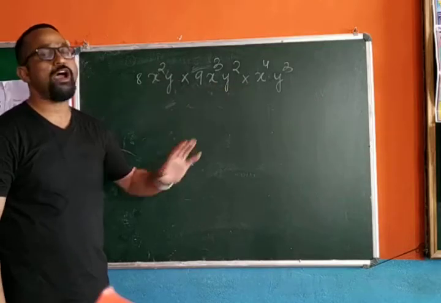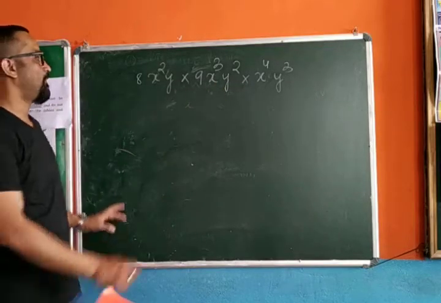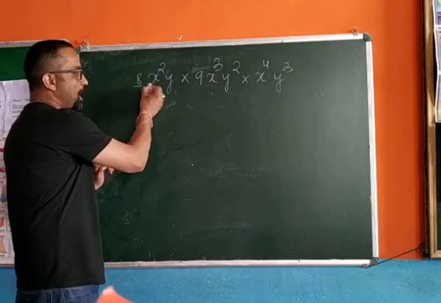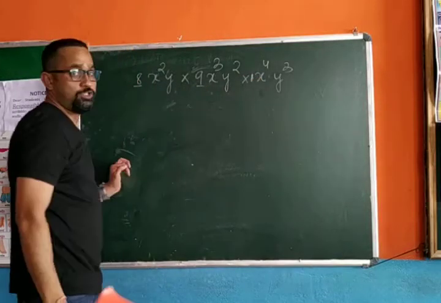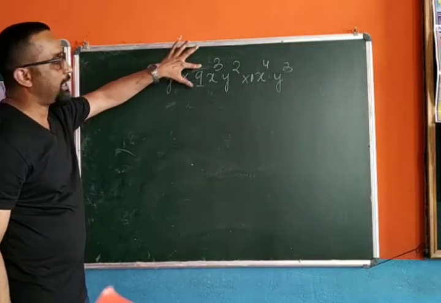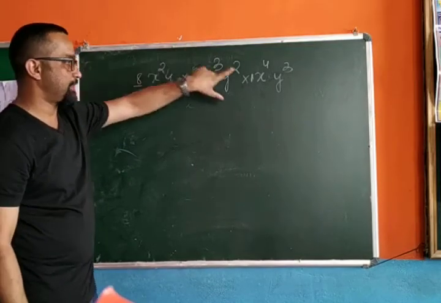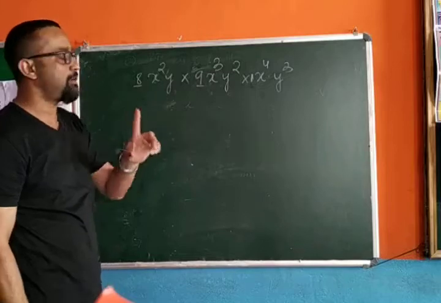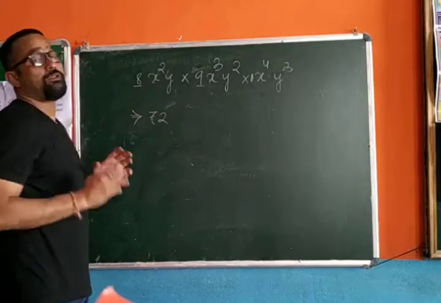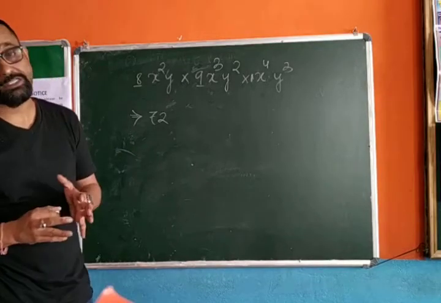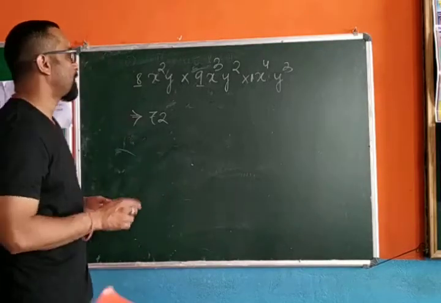In between you have multiplication. So you need to multiply the coefficients. First, 8 multiplied by 9 is 72. 72 multiplied by 1 is 72. You write the multiplication of coefficient numerals.